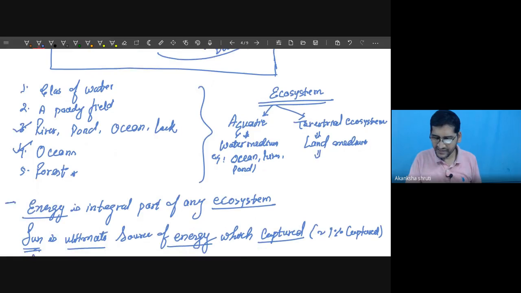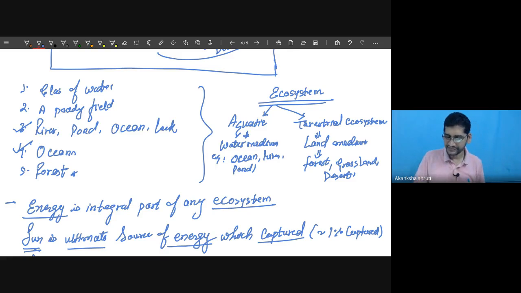The land, like forest that we have taken, the grassland, even the desert. Desert is also one kind of ecosystem. Need not human be there, but there are various other insects and organisms which can survive inside the sand.